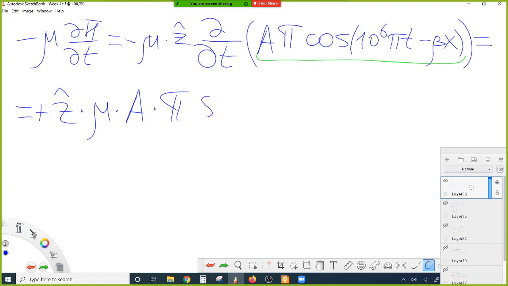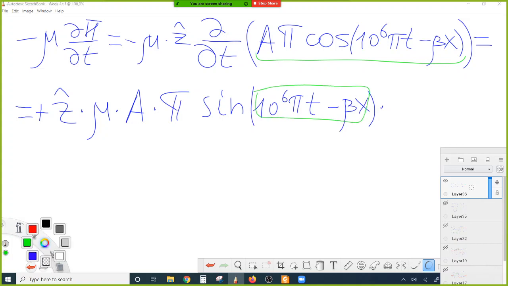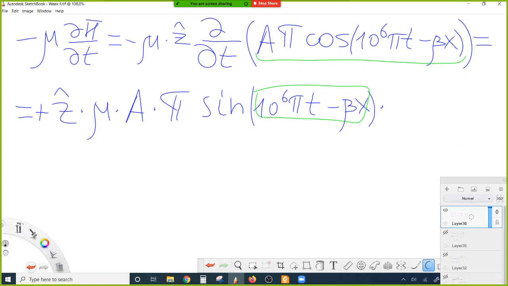So sine(10^6 pt minus beta x), multiplied by the derivative of the argument, which is 10^6 p.